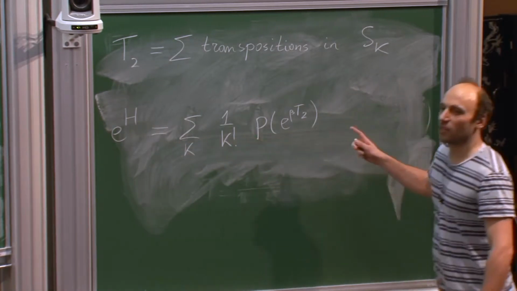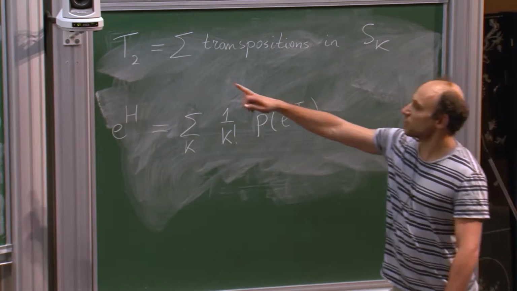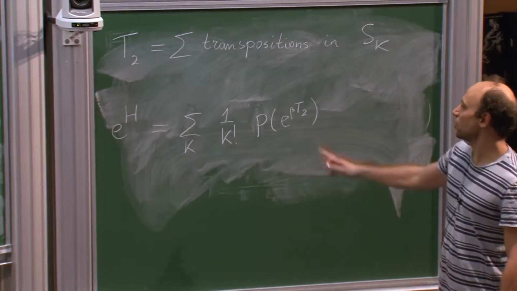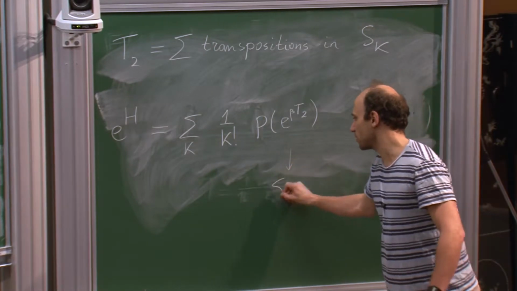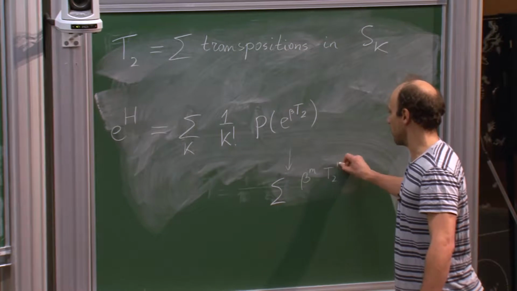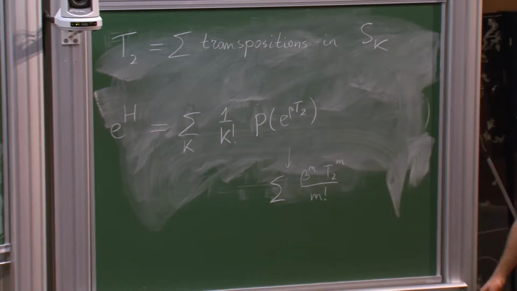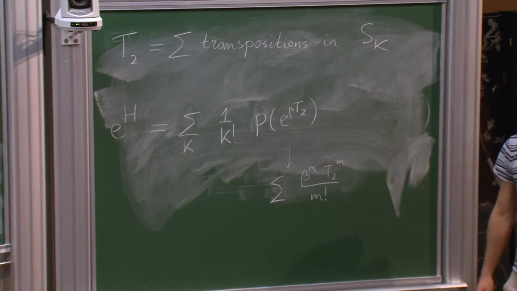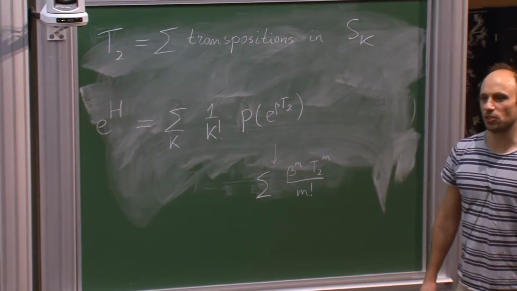So where does this come from? What does it say? T2 is the sum of all possible transpositions. Here I raise T2 to some power m, so this is the sum of beta to the m, T2 to the m over m factorial. I raise the sum of all transpositions to the power m, which means that I consider all possible products of m transpositions.